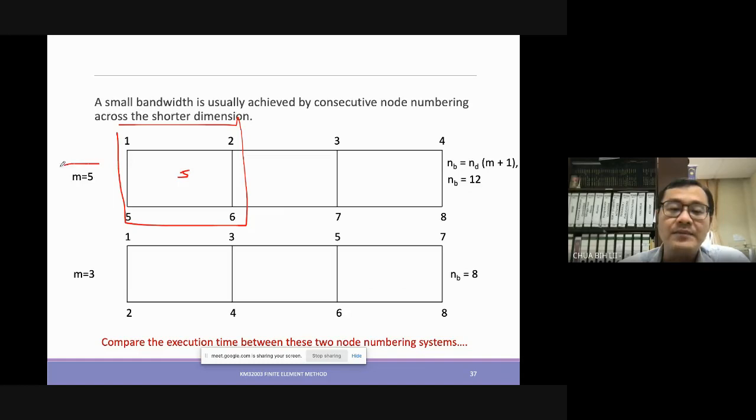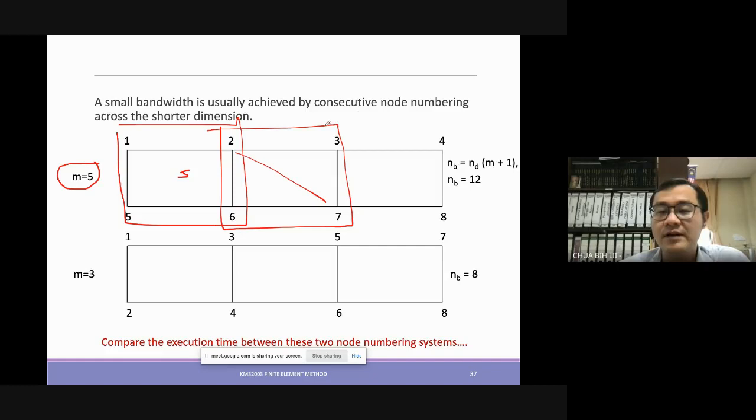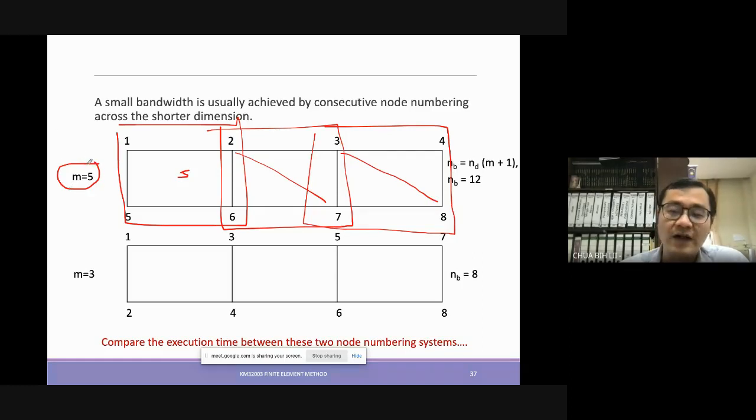Okay, therefore the M is 5, right? You can take the second one and check. The maximum difference is 7 minus 2, okay, which is 5, right? For the third element as well, the maximum is 8 minus 3, which is 5. Therefore, the M equals 5, right?